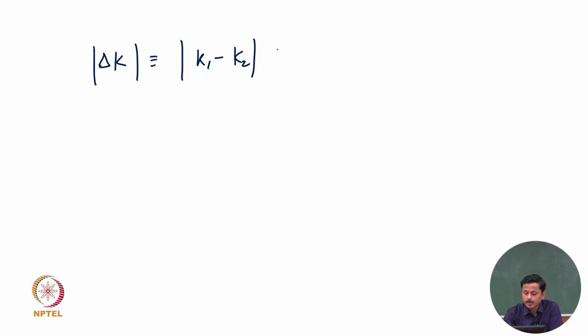as the wave numbers are nearly equal, we have delta k, which is equal to k1 minus k2. I'm taking the modulus, the absolute value of all of these, not caring about the signs now.